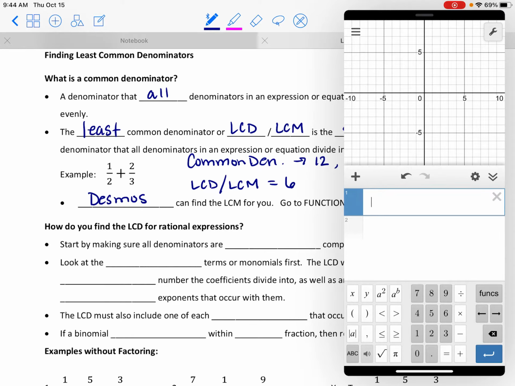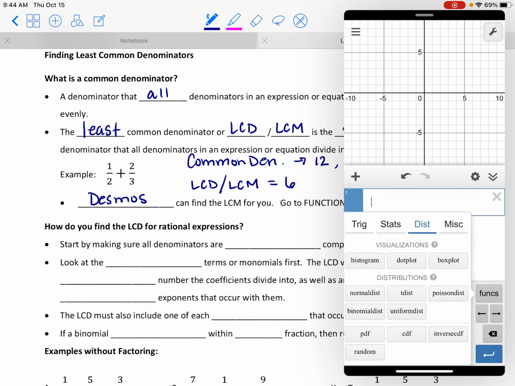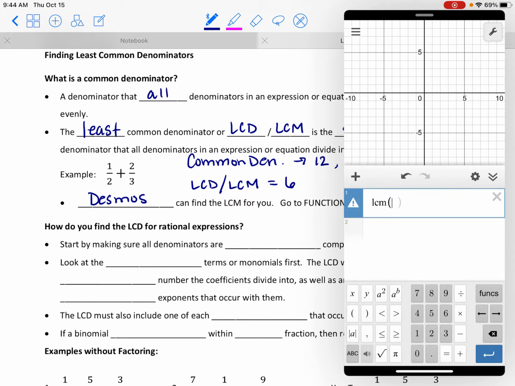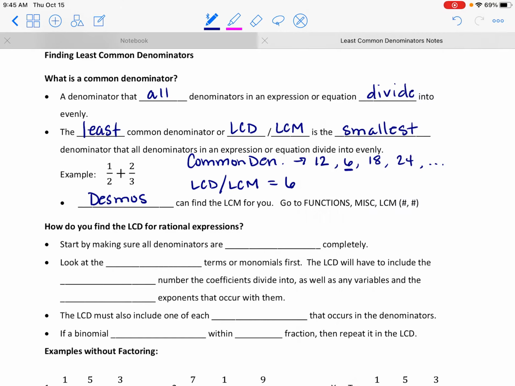In Desmos, you go into functions, then miscellaneous, and choose LCM, and then put your numbers in separated by commas. For 2 and 3, the least common multiple is 6, but if it was 2, 3, and 18, then 18 is your least common multiple or least common denominator if you didn't have any variables. So if you struggle with that piece, the calculator is helpful there.